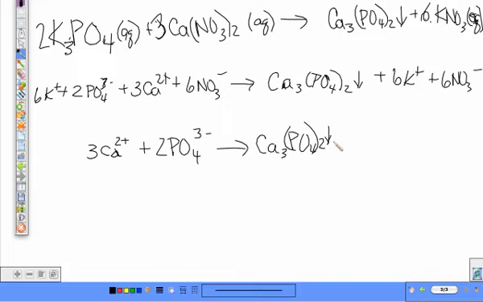If you notice, it's the opposite of a dissociation equation. You're taking ions and forming a solid. We took out the potassium and the nitrate from both sides. It's kind of like a math equation where you can cancel out anything that's on both sides.